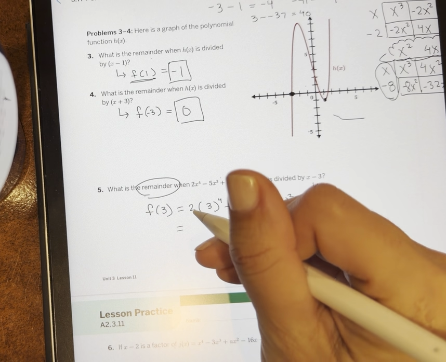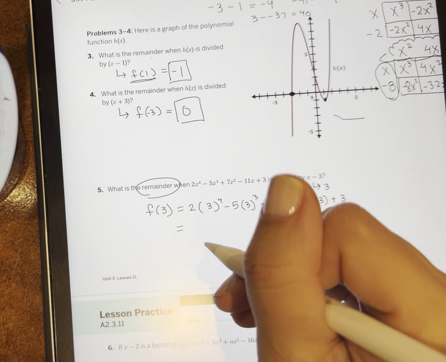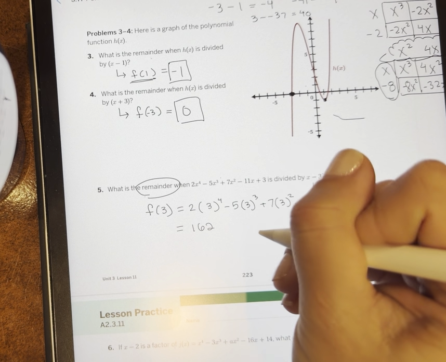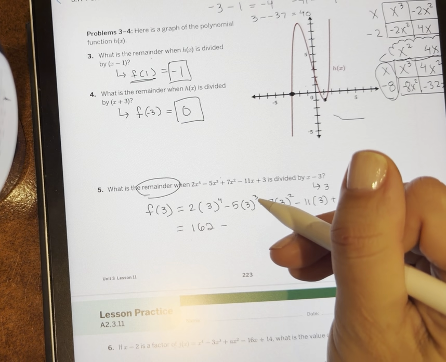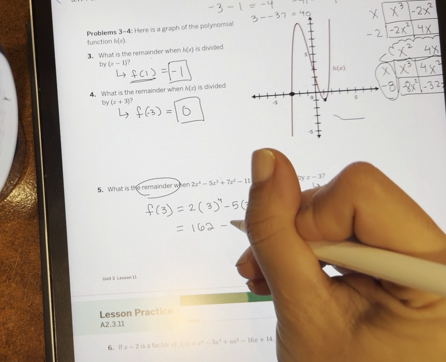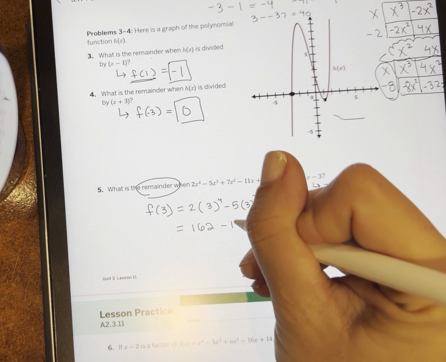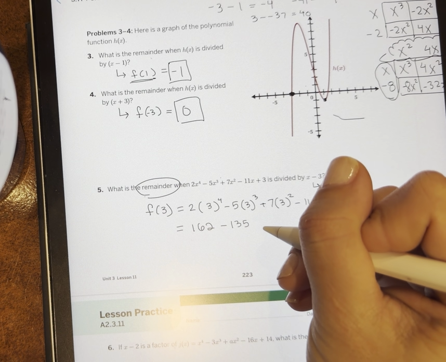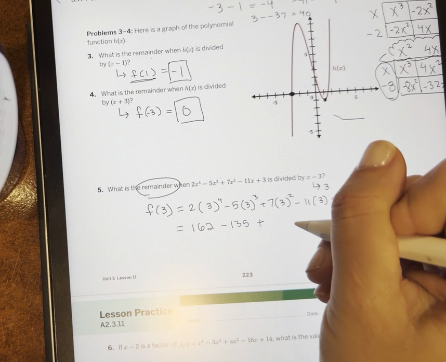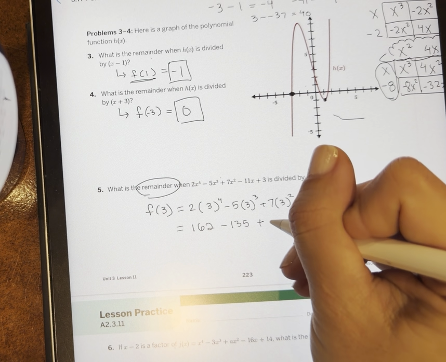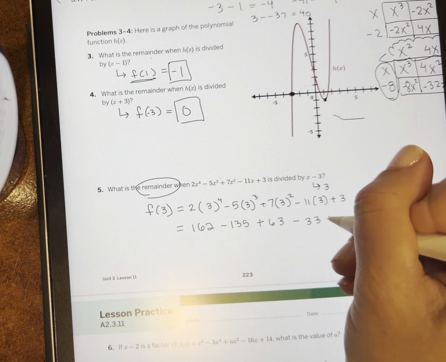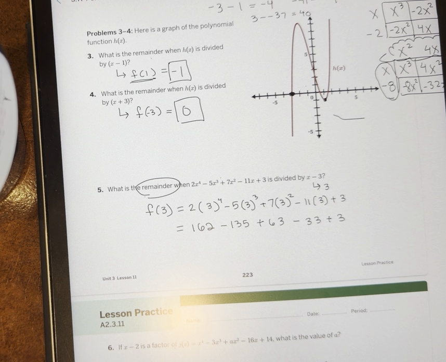So 3 to the 4th is 81, and then times 2 is 162. 3 cubed is 27, which times 5 is 135. I buy that. Okay. 3 squared is 9. 9 times 7 is 63. Okay.